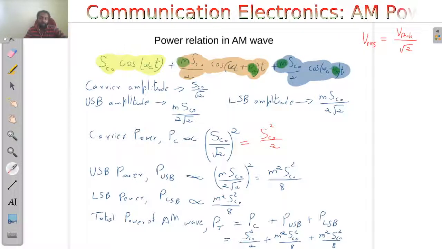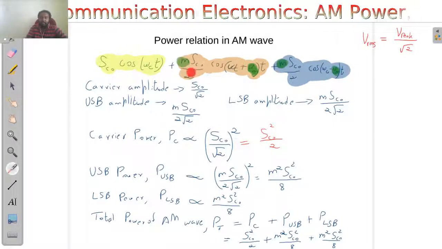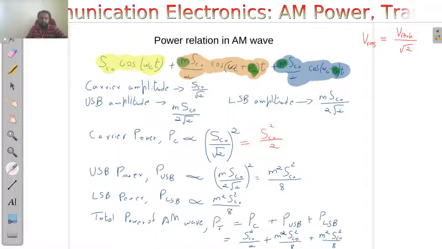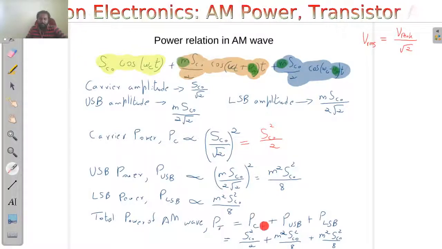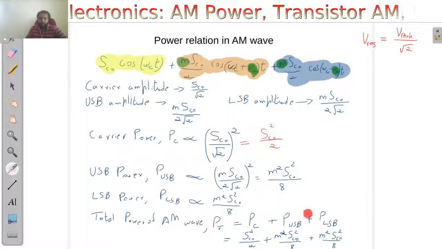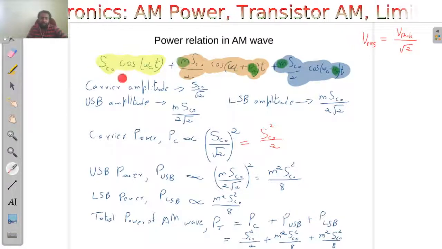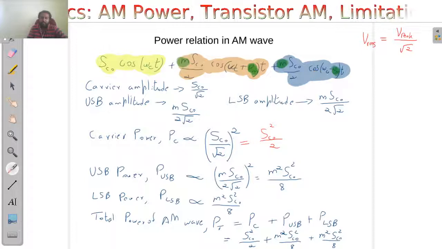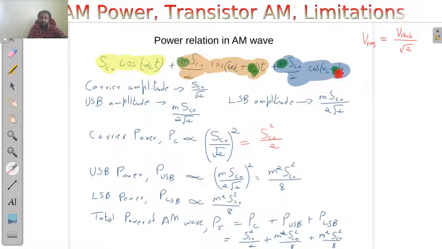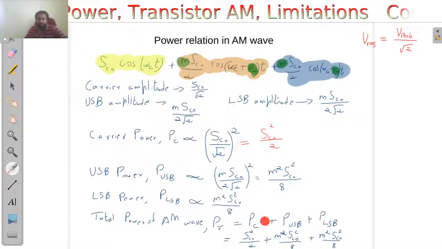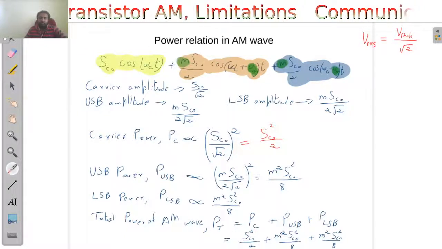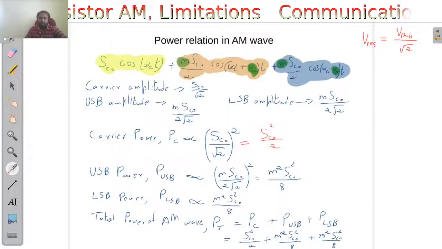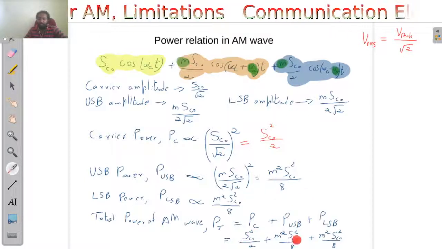Now the total power of this AM wave is given by: power total is equal to power carrier plus power upper sideband plus power lower sideband. The power inside each of these three components is added up to get the total power of the AM wave. When you substitute the values for each of the power components, you get an equation like this.